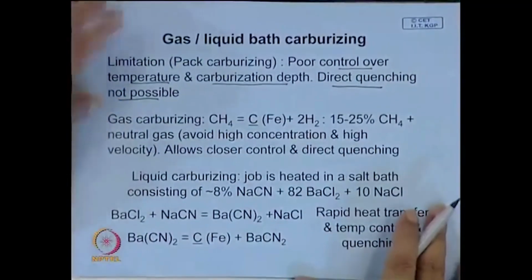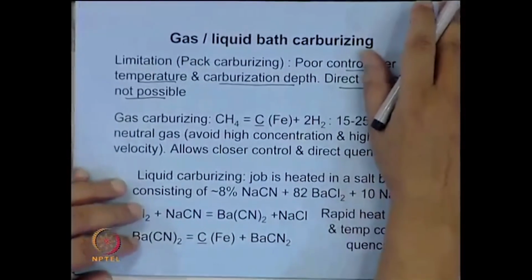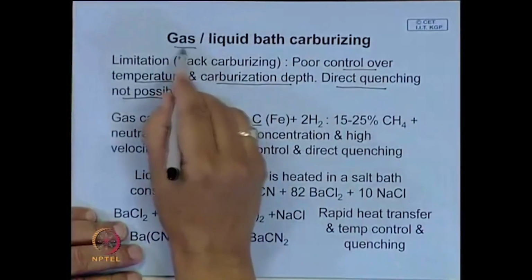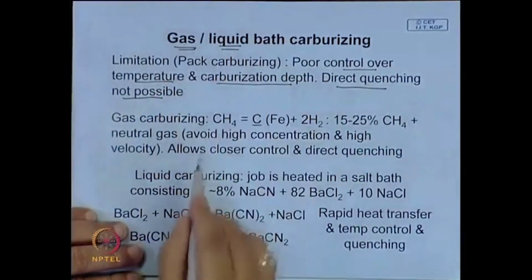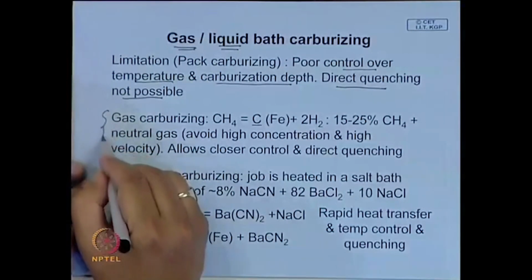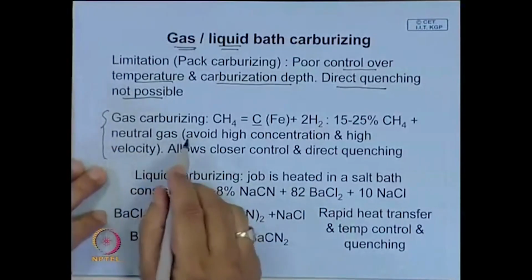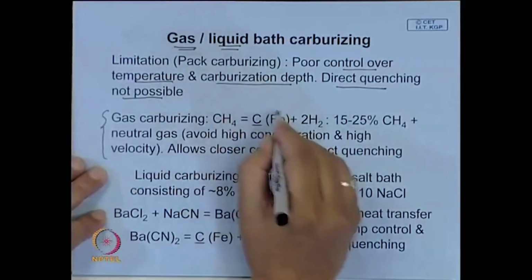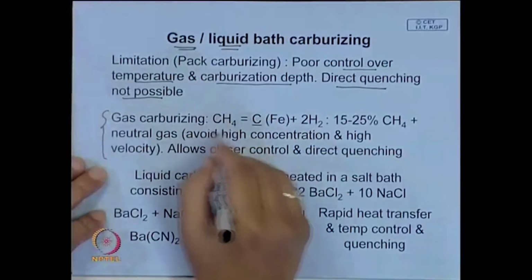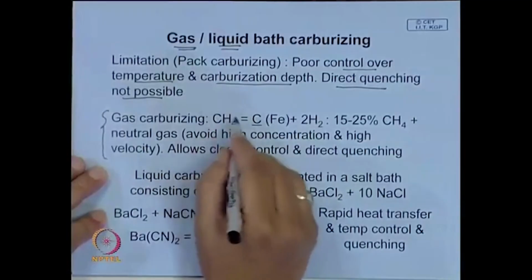So, to improve productivity, and depending on whether job sizes are small, in many cases people prefer gas and liquid bath carburizing. What are these? The essence is you have to heat the job in an environment with a high carbon potential. One way of doing it is to heat it in a carburizing atmosphere.